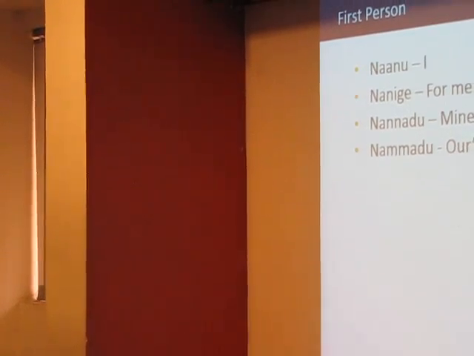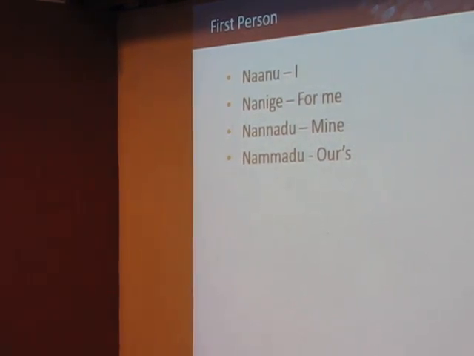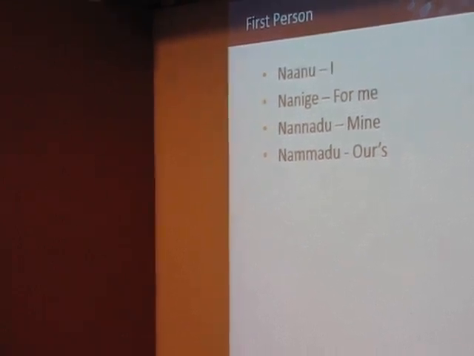We'll come to you in the next slides: you, me, and the other ones. Nanige is for me. Nanage uta beku. I want food. So Nanage is a variation of I, but it is for me. Is it pronounced Nanage or Nanige?